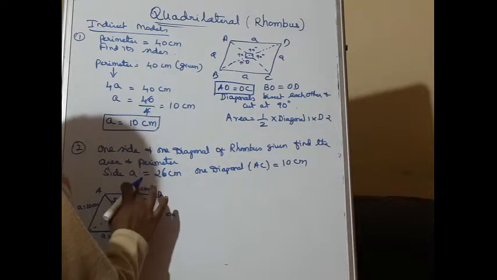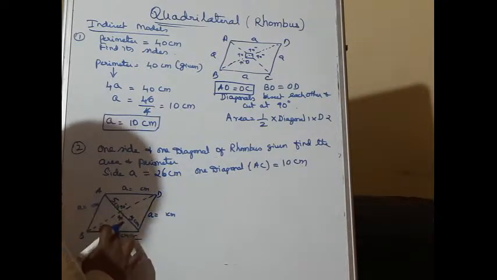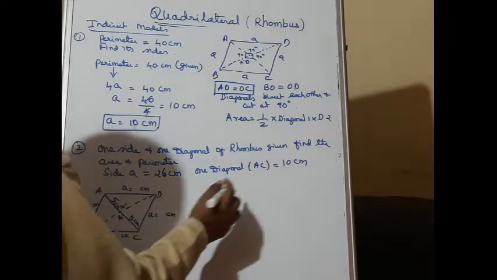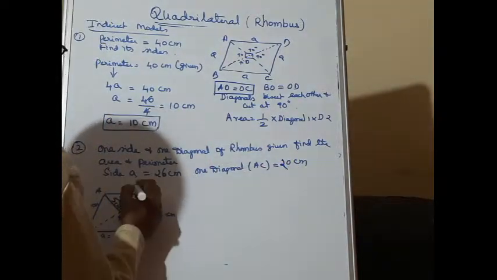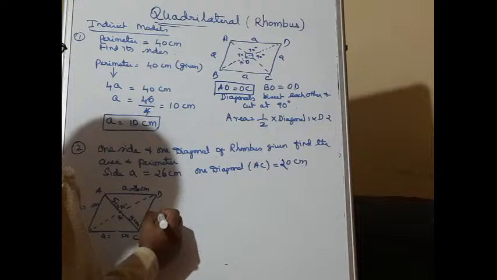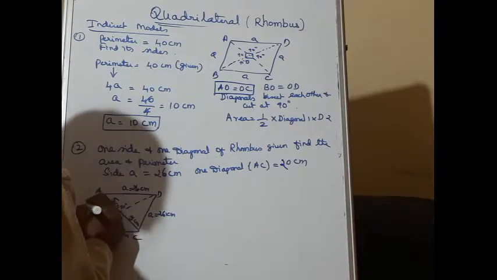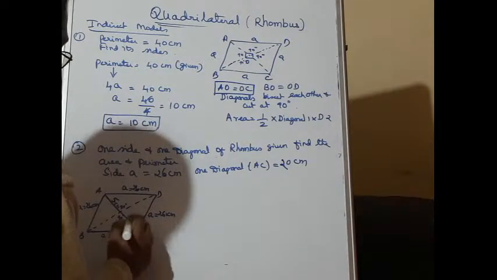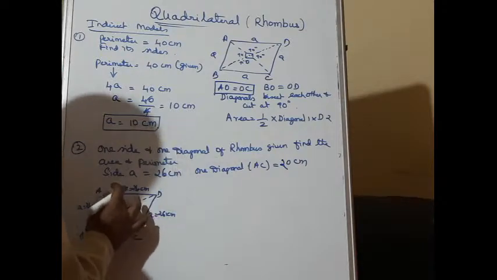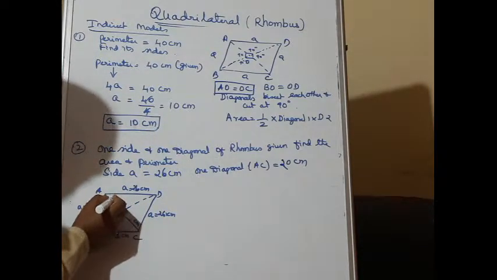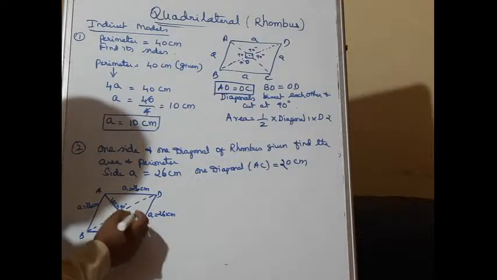Children, they put it wrongly. The side is 26. The side is given as 26, put 4 of them. After that the diagonal 10 has to be divided, 10 and 10.